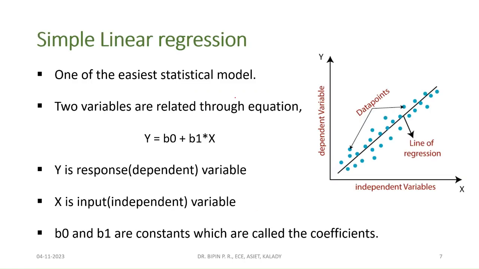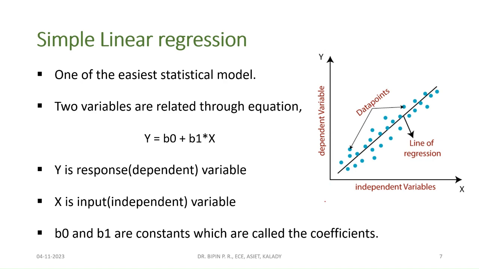And we have seen how we can perform linear regression. Usually the independent variables, that means the input variables, will be on the x-axis, and the output variables, that is dependent variables, will be on the y-axis.